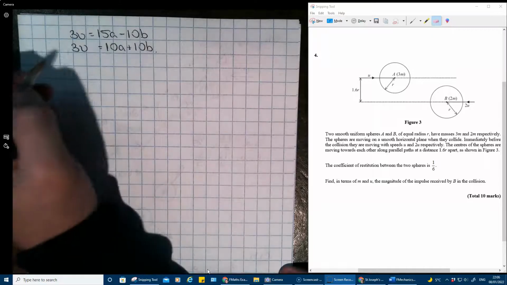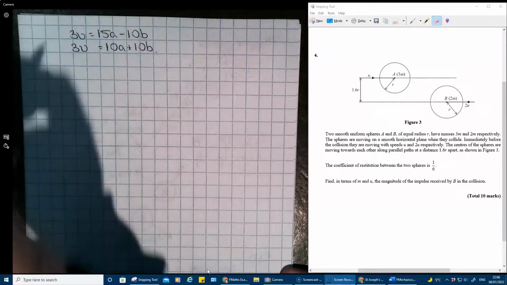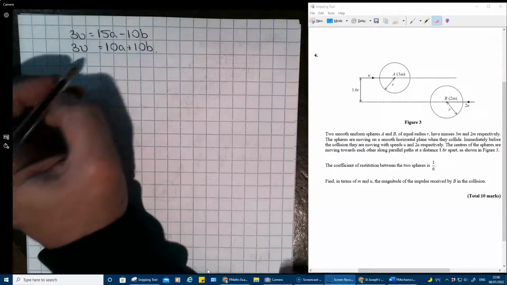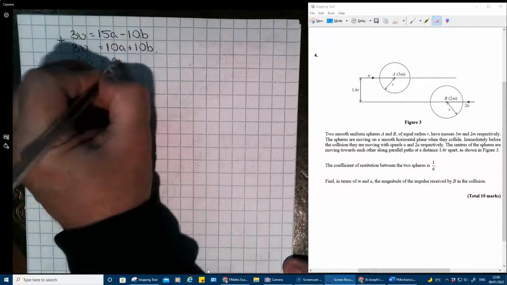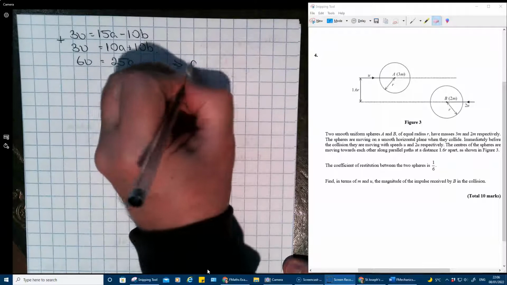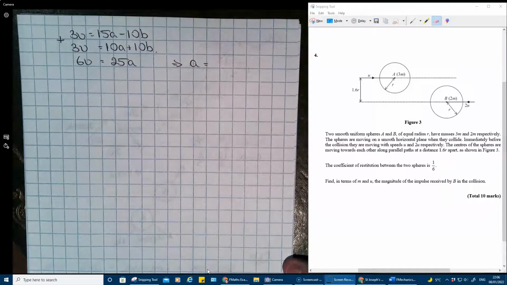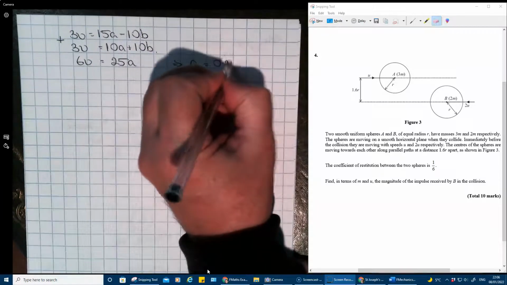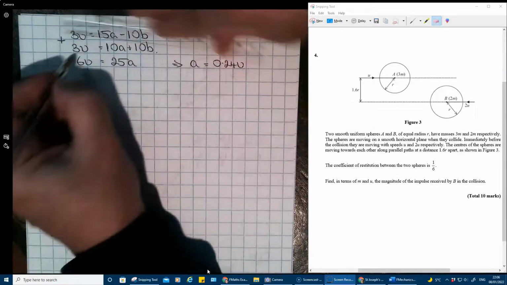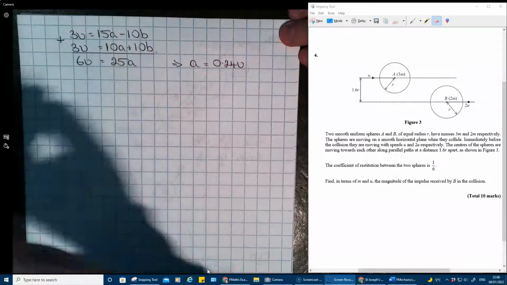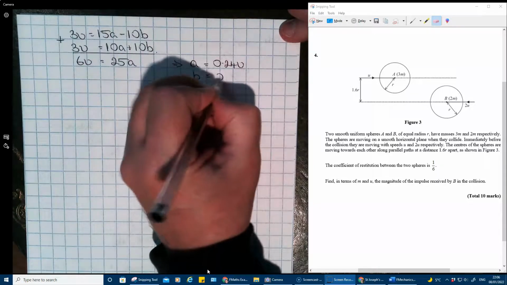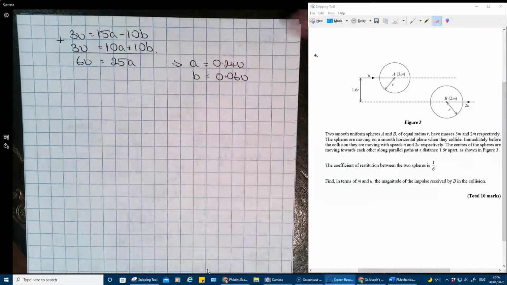So if I just add these together, I get 6u is 25a. So a is 6u over 25, which is 0.24u. Similarly, I find b by using one of these, doesn't matter which one I use, so b is 0.06u. The fact they're both positive means the direction I picked on my diagram is in fact the correct direction.